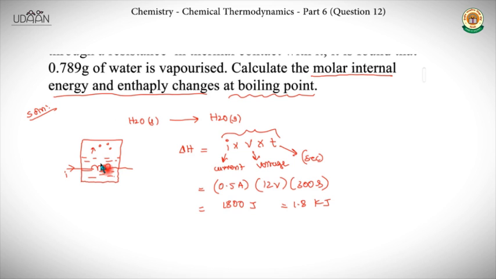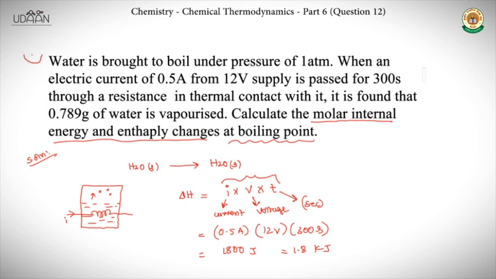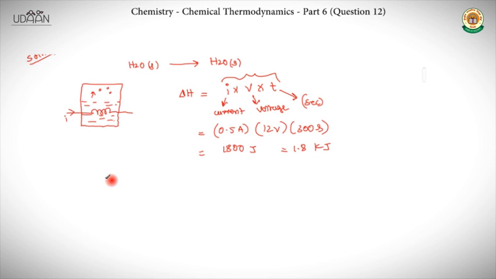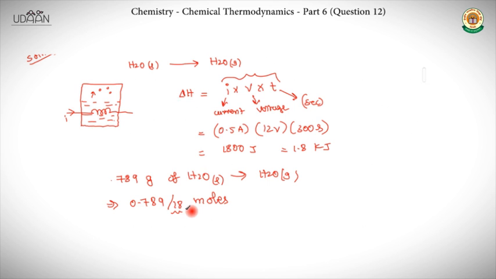So this is used by the system for getting vaporized. In the question they gave us that 0.789 grams of water is vaporized. So 0.789 grams of water is converted into vapor form. In the sense, 0.789 by 18 moles of water is converted, since 18 is the molecular weight of water.